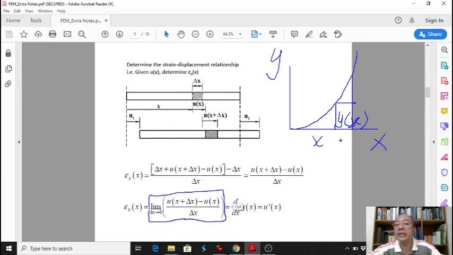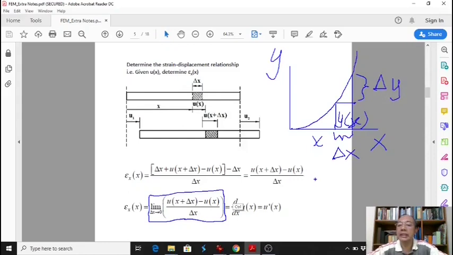This is x, this is delta x, and this is delta y.